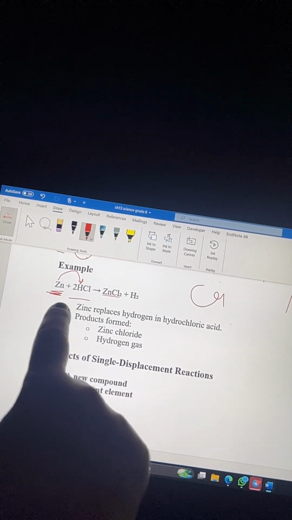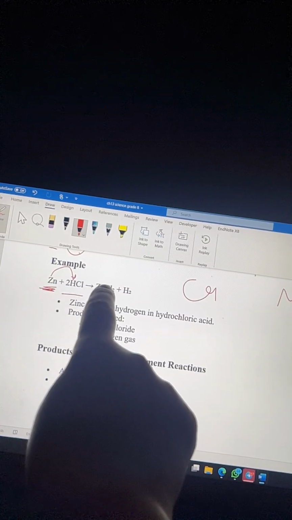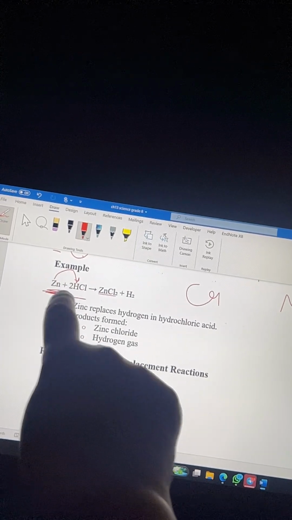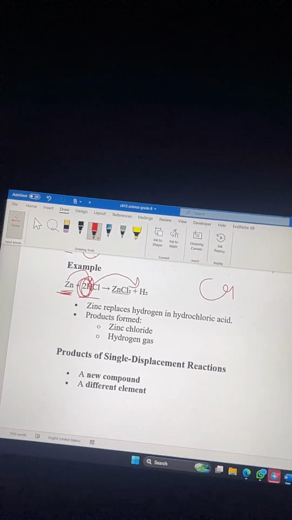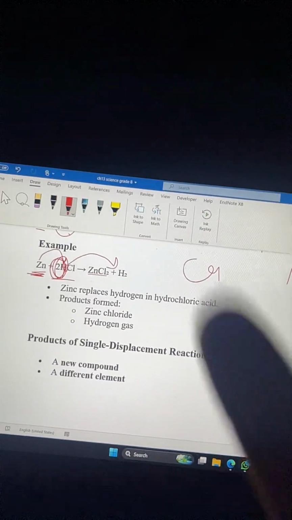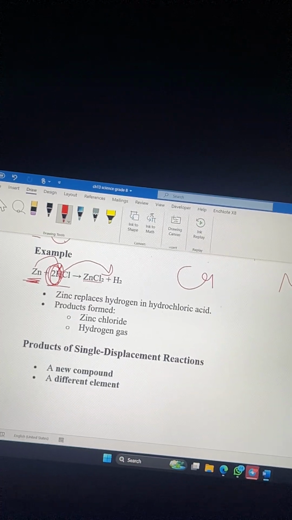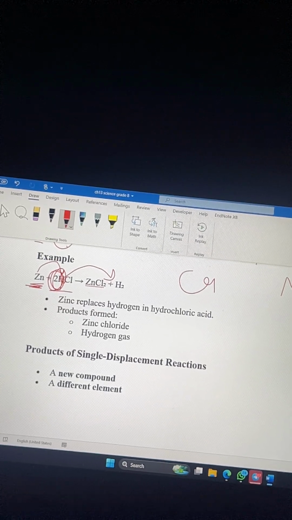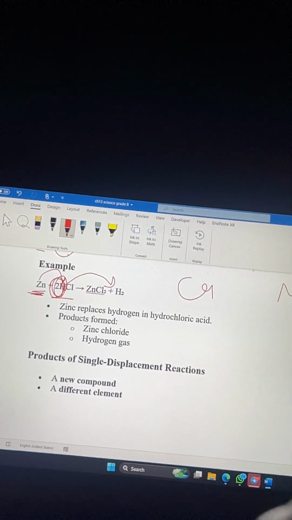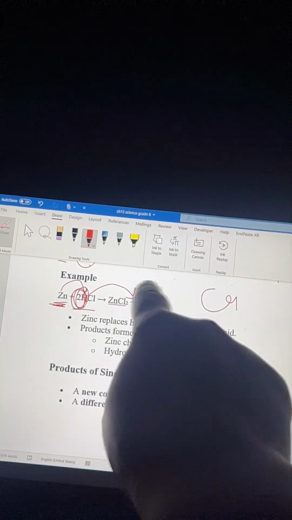It becomes ZnCl2 and we remove this hydrogen because Zn replaced it, so it becomes H2. And do you know why we write H2? Because we have 7 elements that are naturally diatomic: hydrogen, oxygen, nitrogen, fluorine, chlorine, bromine, and iodine. So because of that, we write H2.